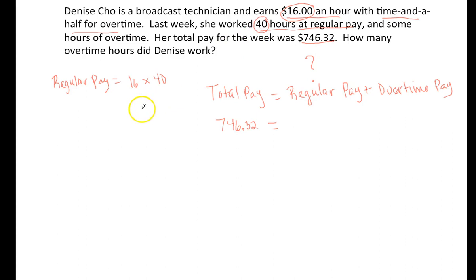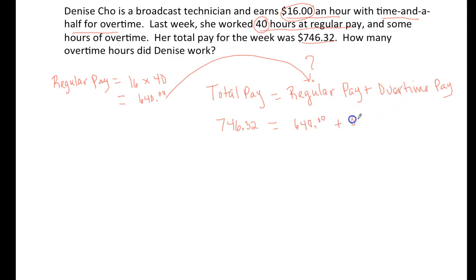We know 40 hours is regular, and then anything over that is overtime. So we know if she got to overtime, she had to have worked those 40 hours of regular pay. Okay, 16 times 40 is $640. So now I know her regular pay, and I can put that in. I know she made $640 in regular pay.